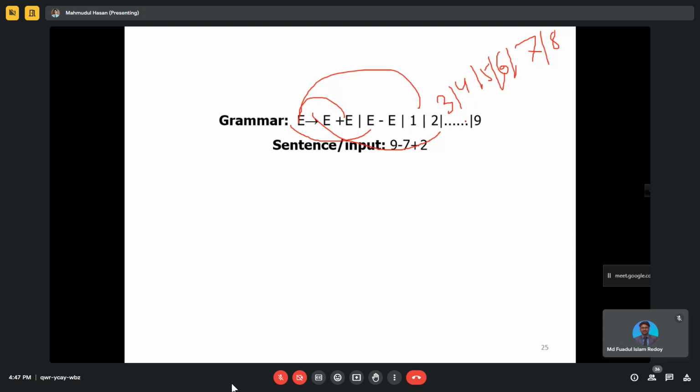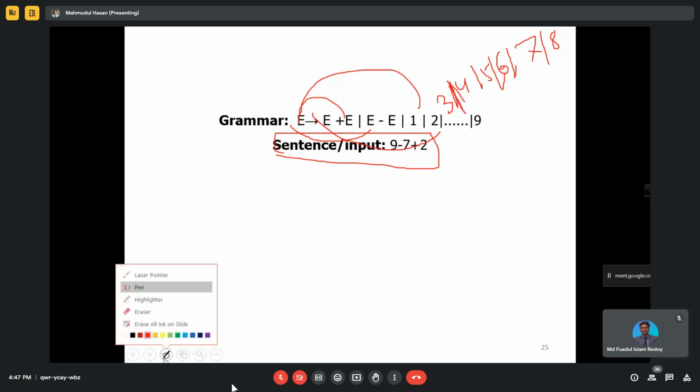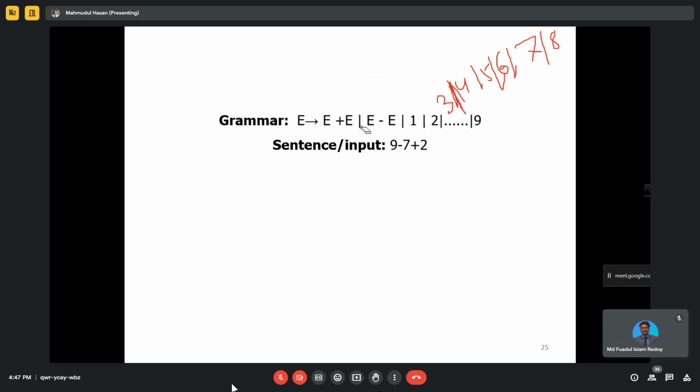That means 1 2 3 4 5 6 7 8 9, with an or between them, and this is the input. Everyone, please write the question. Is the question clear to you? Yes, sir.